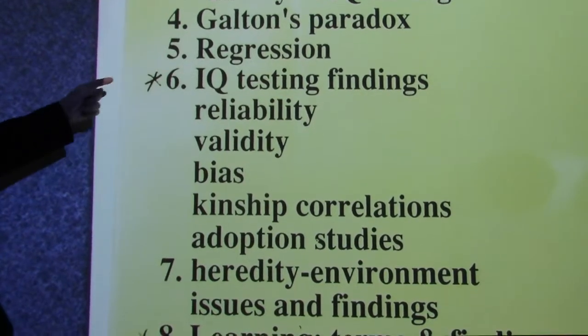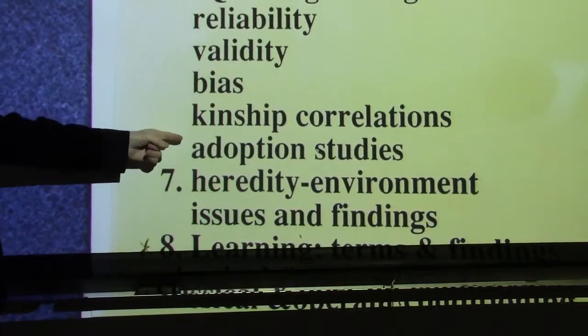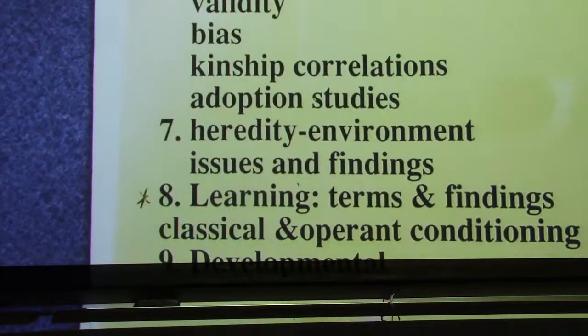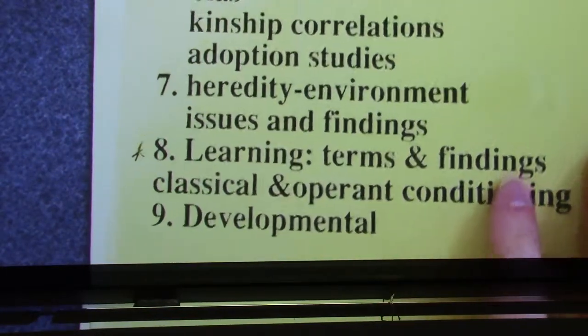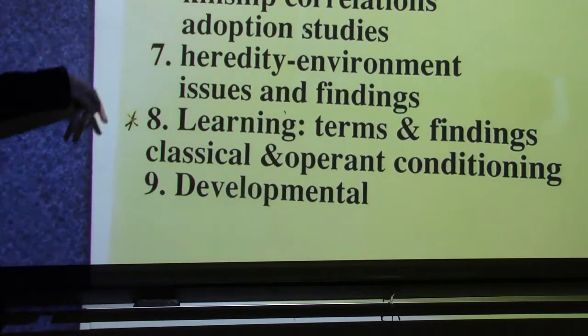Talked quite a bit about IQ testing, reliability, validity, and bias, kinship correlations, identical twins separated at birth, siblings separated at birth, raised together, and adoption studies, and various other things. Talked about controversies in the heredity versus environment, and you should know, of course, all of that.